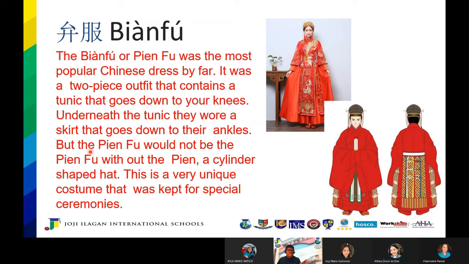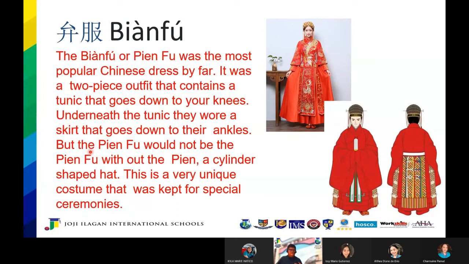This is the Pianfu. This is like the most elaborate of the three major categories of traditional clothing. The Pianfu is more like a tunic, like a big robe or gown. Underneath, the first thing you wear is like a big skirt. It's a flat skirt that will go down to your knees.